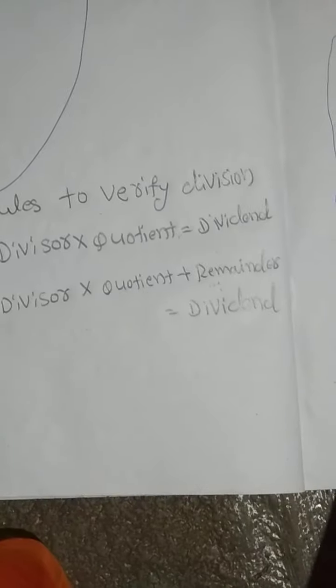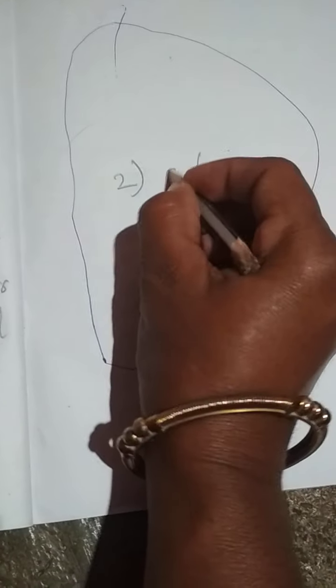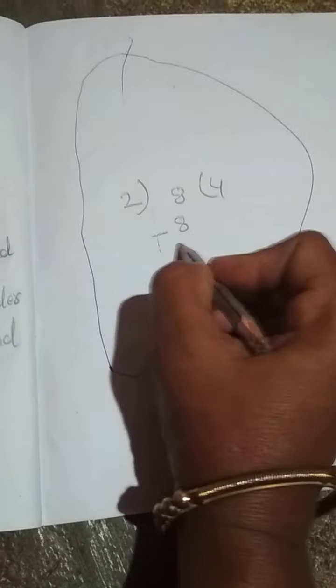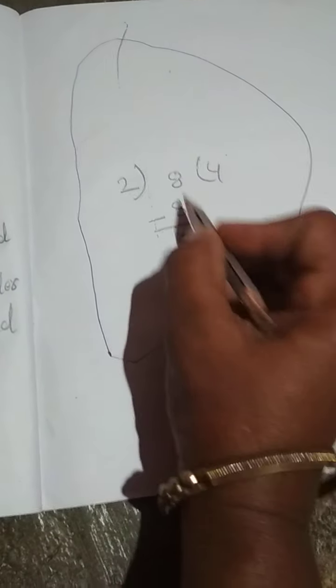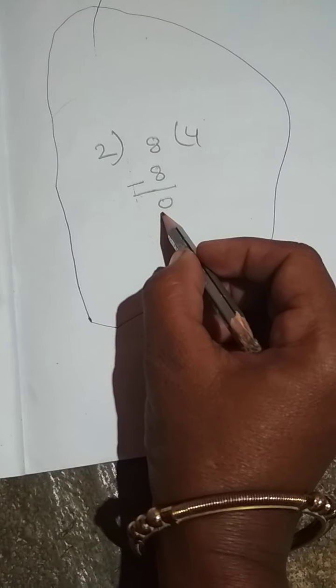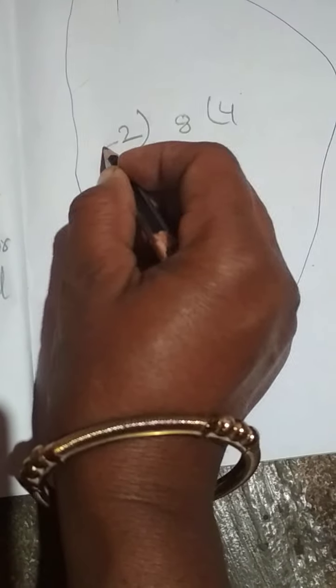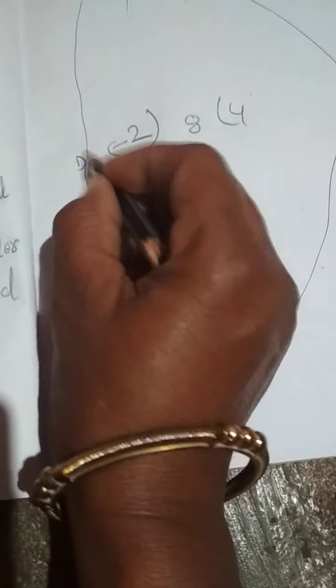For example here, students, 2 times 4 is 8. 8 minus 8 is 0. Here the remainder is not coming. Okay students, here the remainder is not coming. This 2 is called the divisor. Yes?